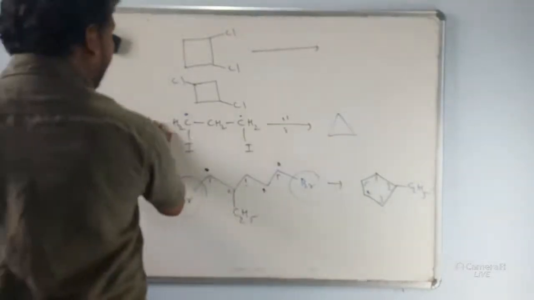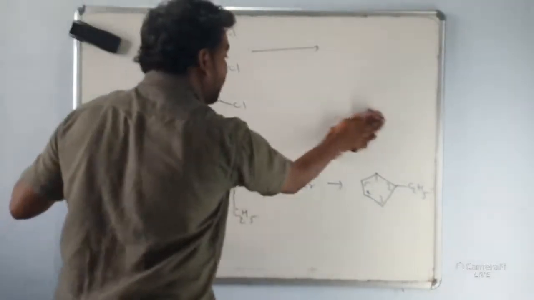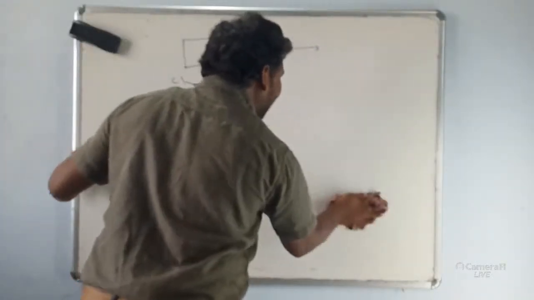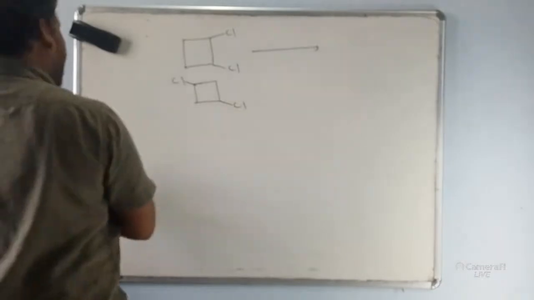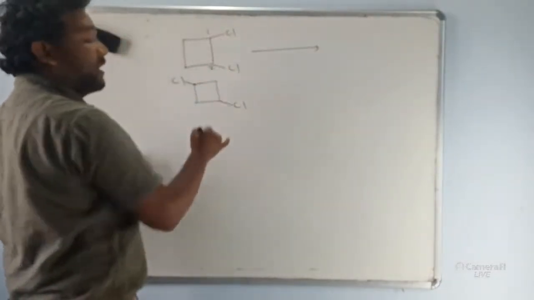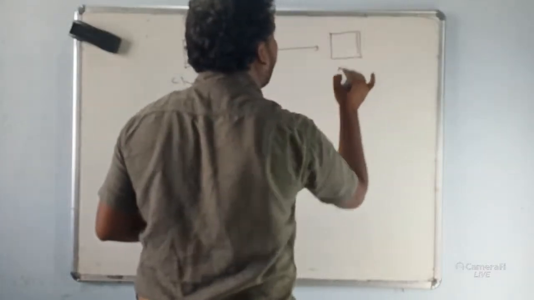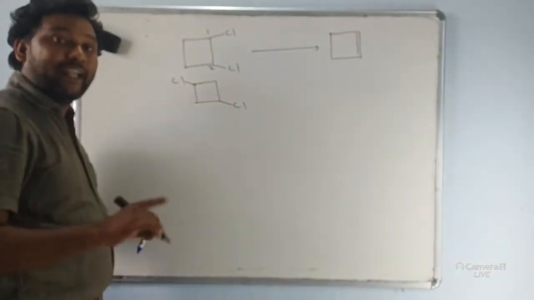Could you please write the products here? Let us write it. Here this is the 1,2 adjacent vicinal dihalide. So elimination takes place, and it gives cyclobutene.